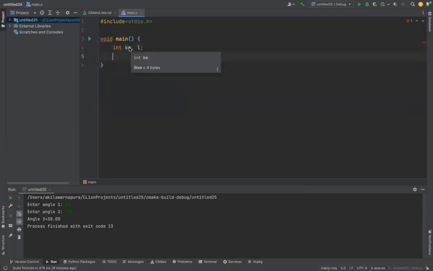We need to take the kilometers and the fuel consumption in liters from the user. So you can ask the user to enter the distance in kilometers.